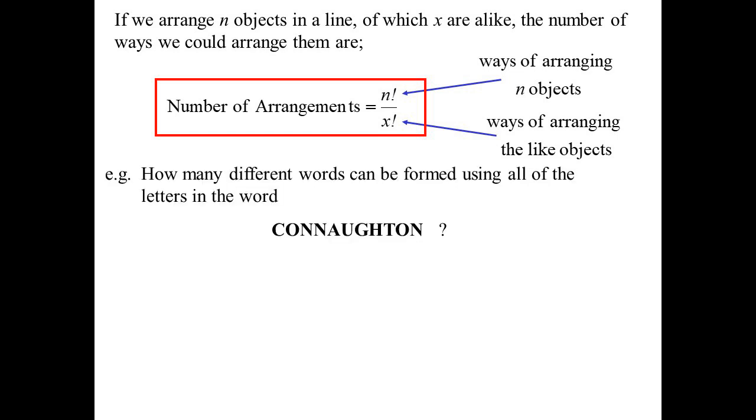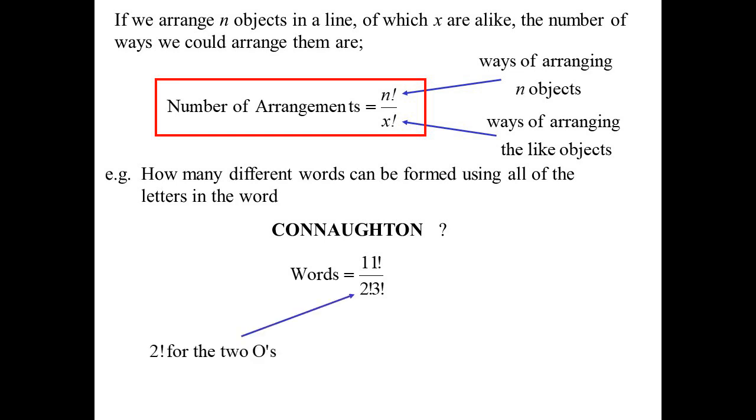Let's use an example. Surname of a student from many, many years ago now, but it's a real good one for this example. Knorton. How many different words could be formed using all of the letters in the word Knorton? It would end up being this. There are 11 letters there, so 11 factorial. But some of these letters are repeated.